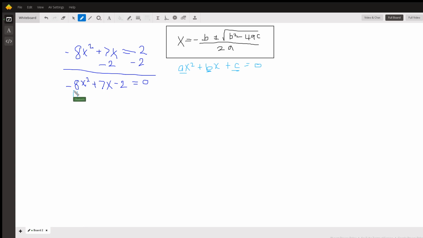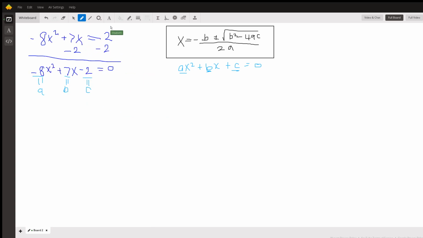We have negative 8 for a, positive 7 for b, and a negative 2 for c. So we're now just going to plug in all of our coefficients and figure out what we get for x at the end.